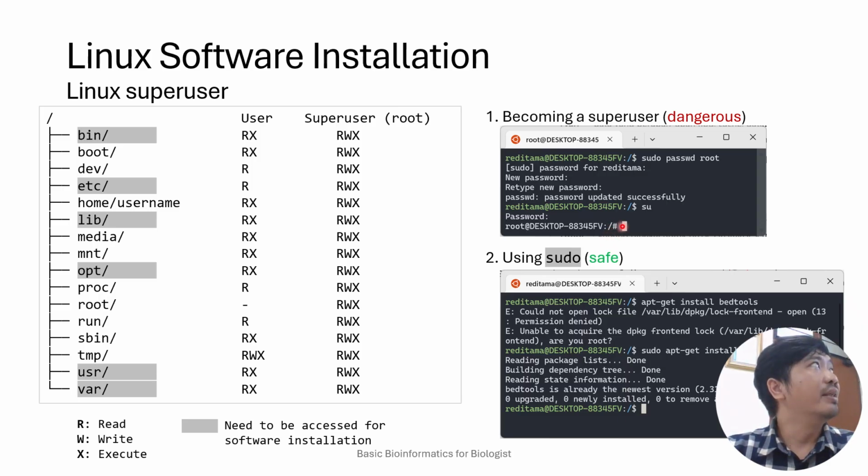You see the prompt sign has changed to super user, but it's very dangerous because basically you can delete everything here and make your system crash. So I do not recommend this. The solution is to use sudo. Sudo is acting like a super user.